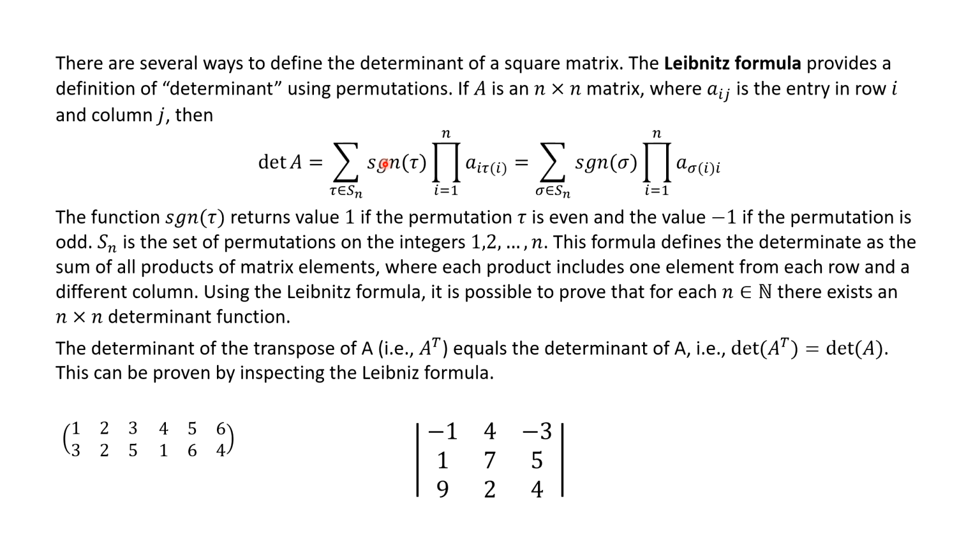I'll explain a little bit more about even and odd on the next slide. Times the product of the elements from our matrix A, where i is the first component and whatever the permutation is the second component. Or you could do it with the permutation over the rows.